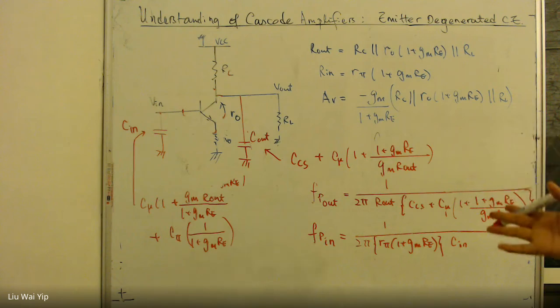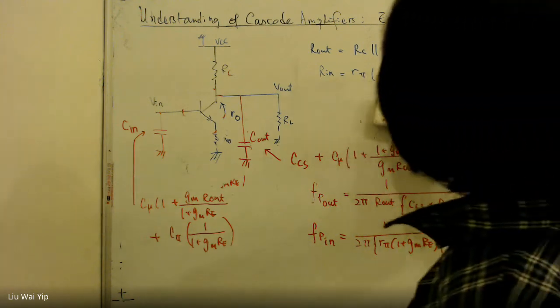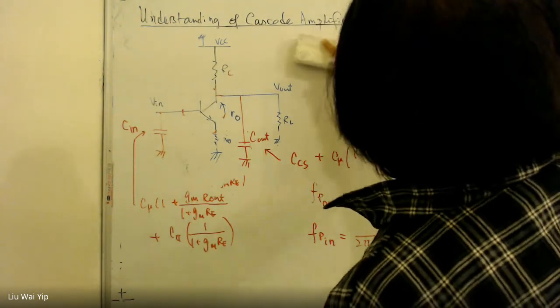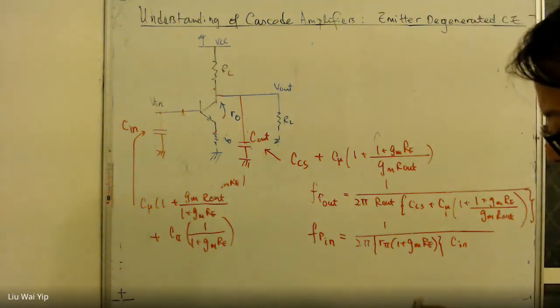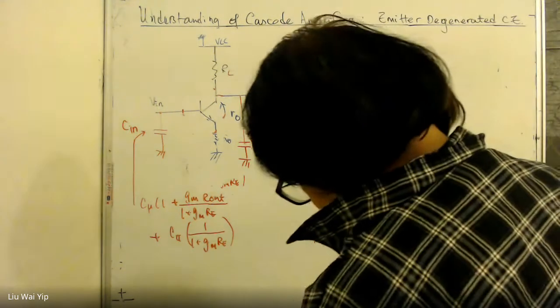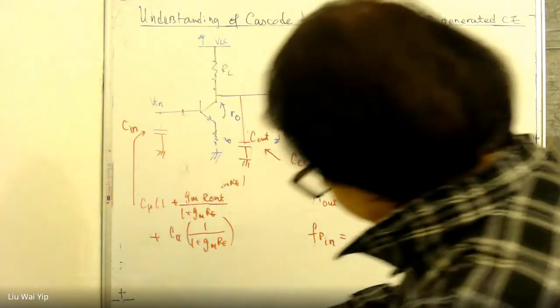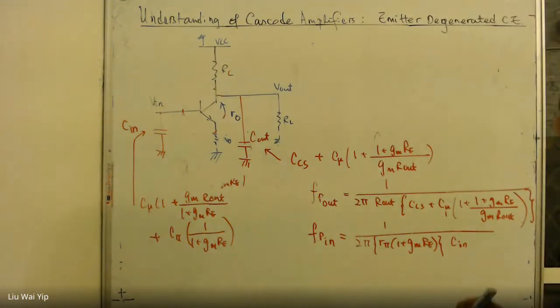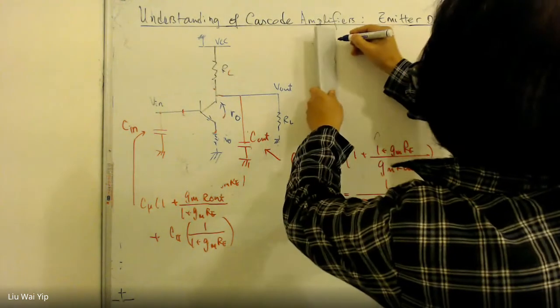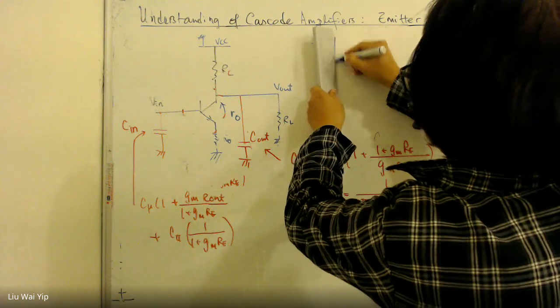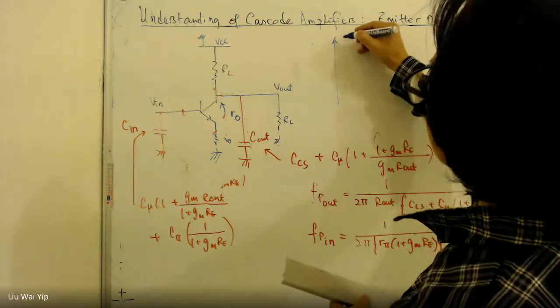And if you ask me to plot this out, I can just tell you if you want to plot out the frequency response in a Bode plot, it will be like this.